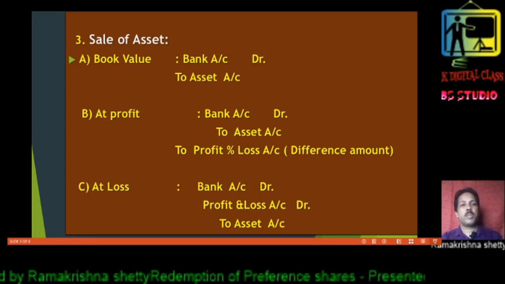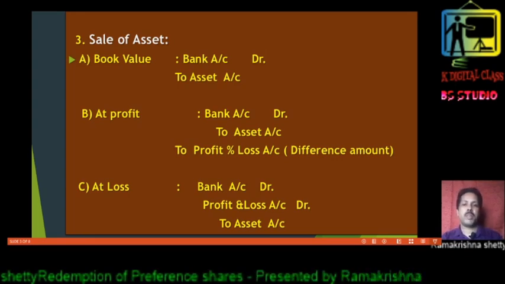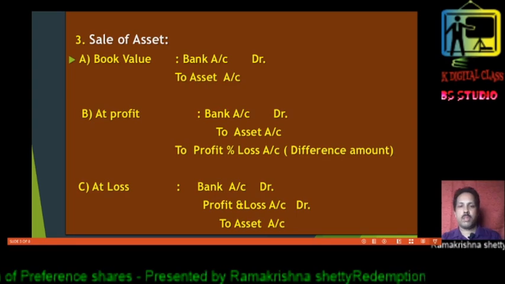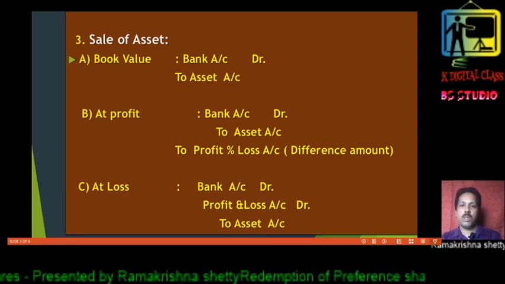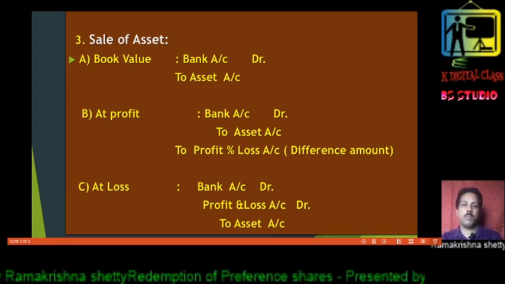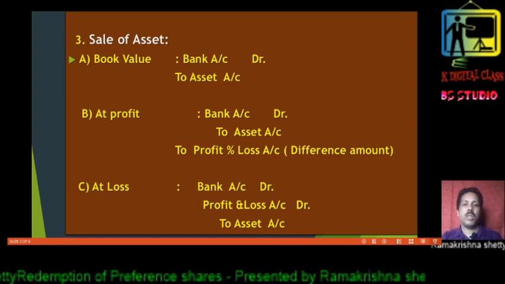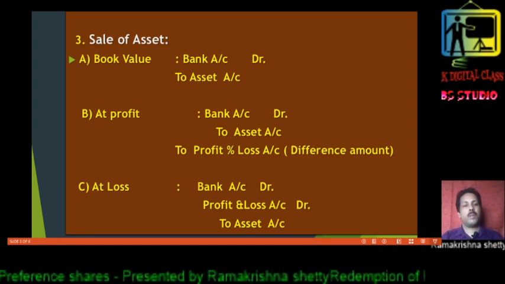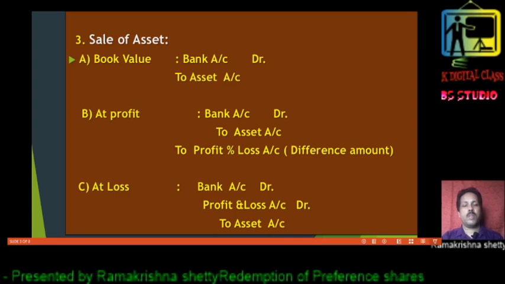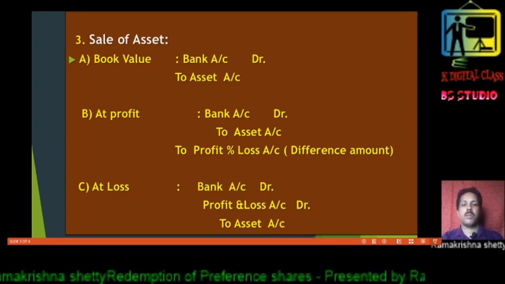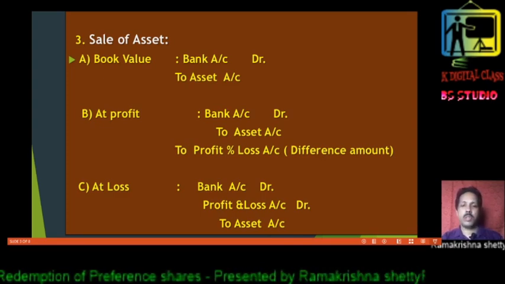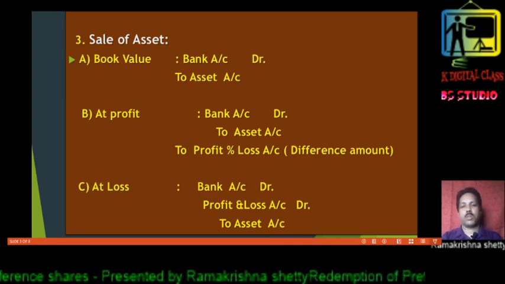If the asset is sold at book value, the entry: bank account debit to asset account, there is no effect on profit and loss account. If it is sold at profit, then the entry: bank account debit to asset account, to profit and loss account.